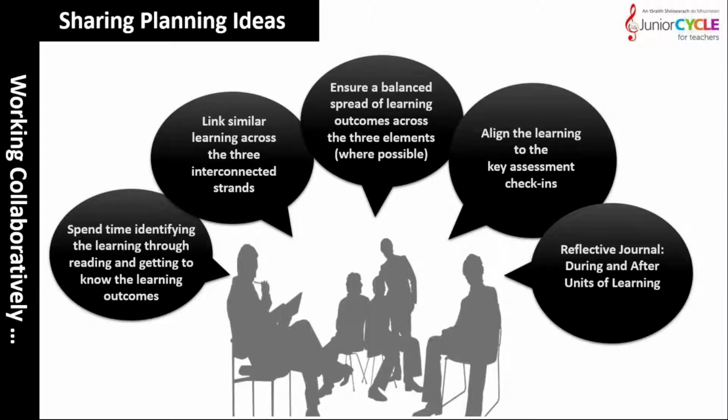The first, to spend time identifying the learning through reading and getting to know the learning outcomes. Next, link similar learning across the 3 interconnected strands, and try to aim for a balanced spread across the 3 elements. However, don't panic if this is not always possible.